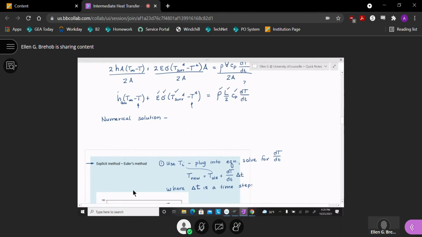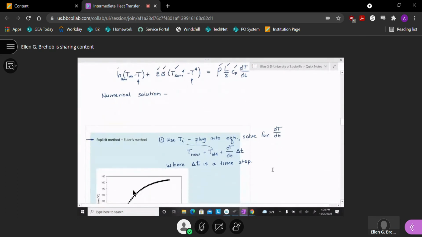And then I do this over again. So now I have this new temperature. I plug that back into that equation up above.